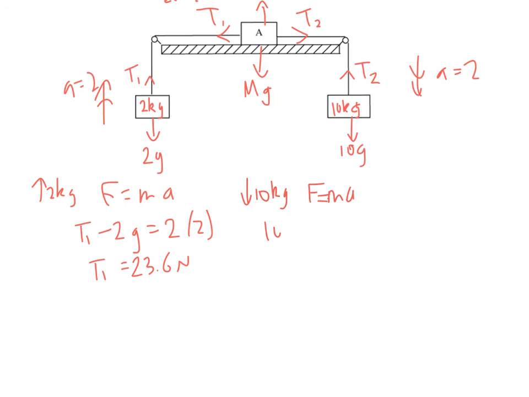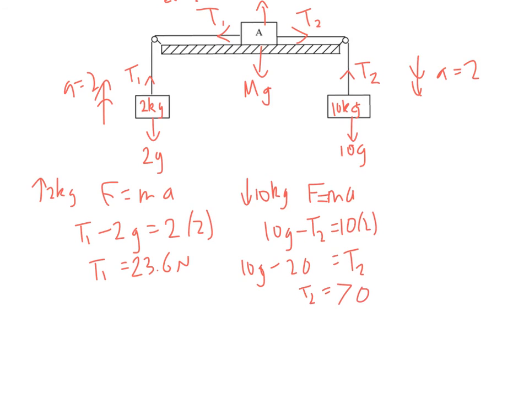The net force here is 10g minus the tension, T2, and that equals its mass 10, acceleration 2. So if you bring the T2 to the right hand side, you'd end up with 10g minus 20. So T2 equals 10 times 9.8 minus 20, which gives 78 newtons.